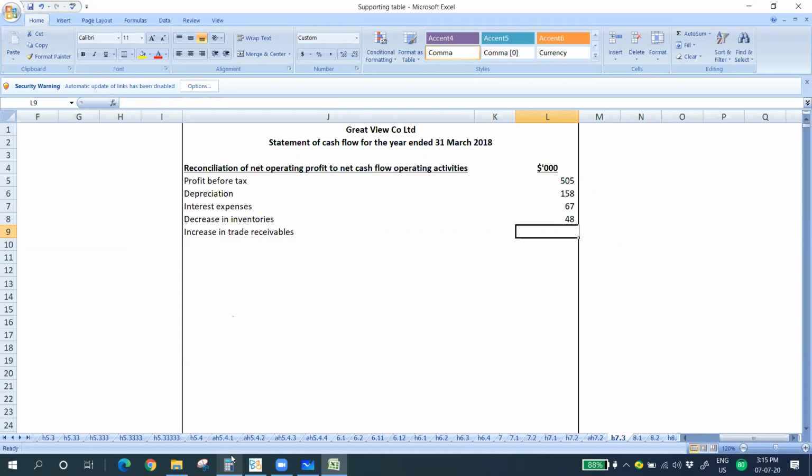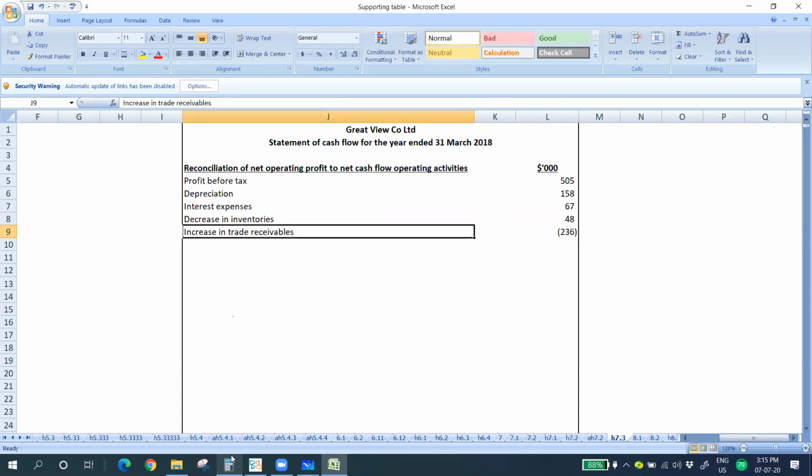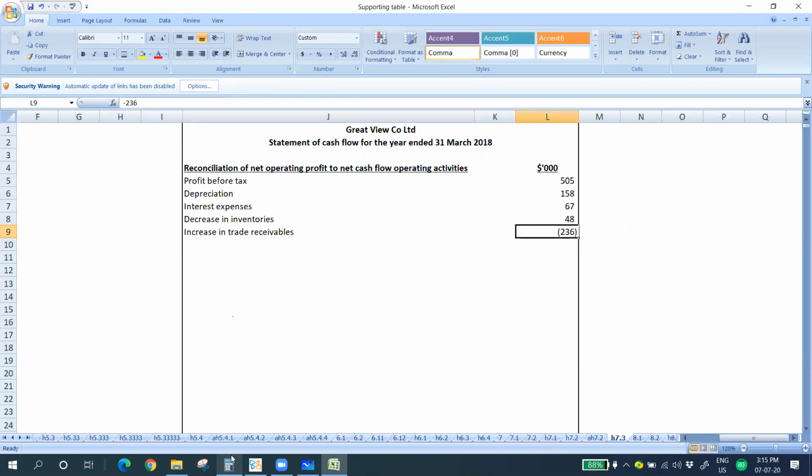Yes, it's a negative 236. Why negative? When you have an increase in trade receivables, it means that you collect less from your customers. When you collect less from your customers, the impact in your cash flow statement is negative because you collect less money.